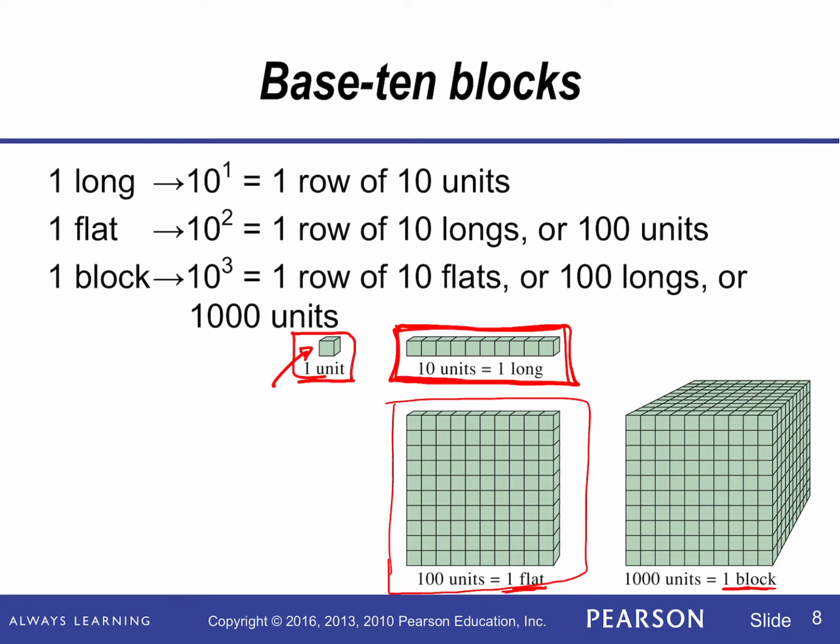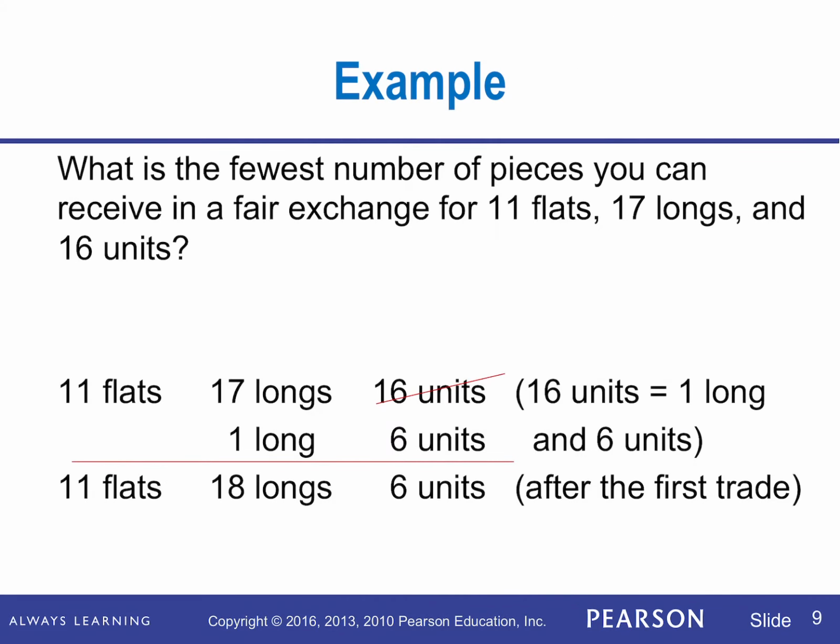And so that's what I want to use to exchange my pieces. So I'm going to start by looking at my units, and I had 16 units, so I'm going to take 10 of those and turn them into a long. So there's my 10 units, and I'm left with 6 units, right?